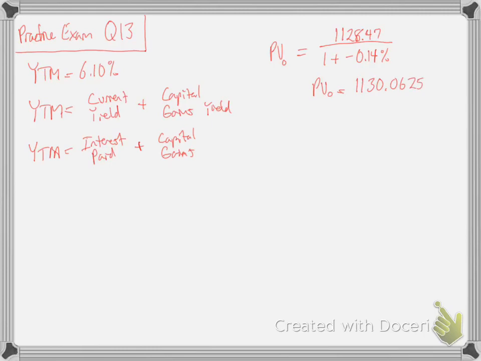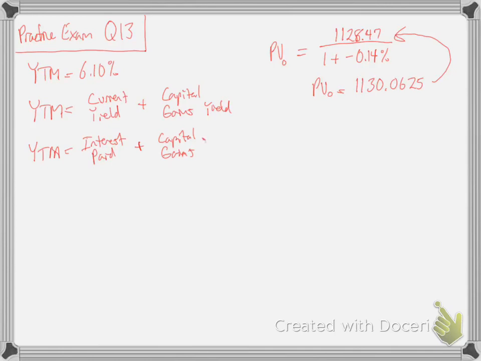Okay, so we can see that the bond lost 0.14% over the course of the year. So it went from $1,130 per bond to $1,128 per bond. Okay. Well, this 1,130 minus the 1,128.47, we know that difference there was this capital gain.